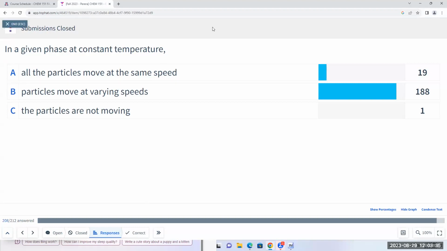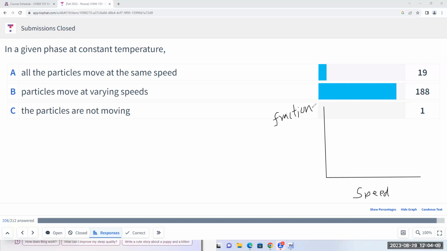So the idea here is, if I draw something here, let me see if I can do it. If I have the speed of the particles on the x-axis, and the fraction of particles on the y-axis.